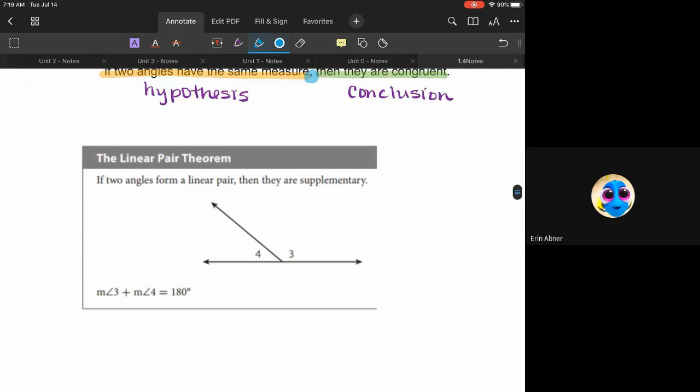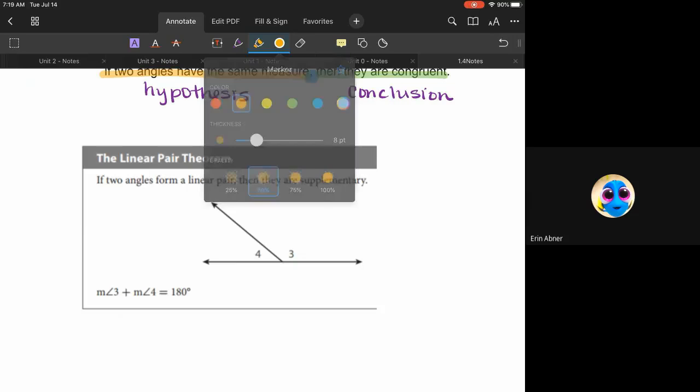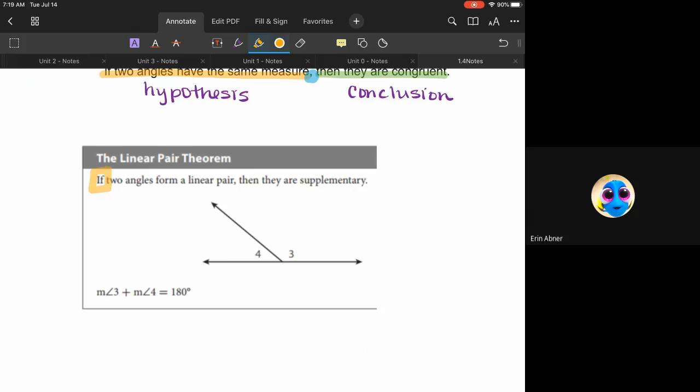Okay, so now let's look at the if two angles form a linear pair, then they are supplementary. Okay, so let's look at the if part. If two angles are a linear pair, okay, then they are supplementary.